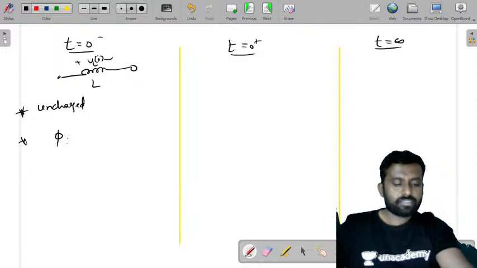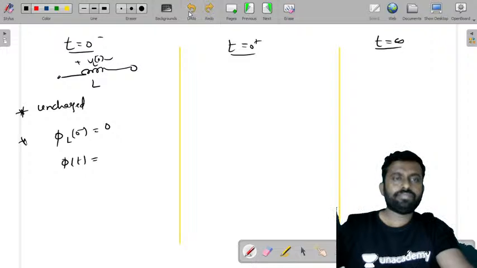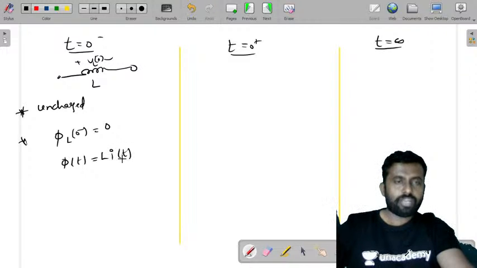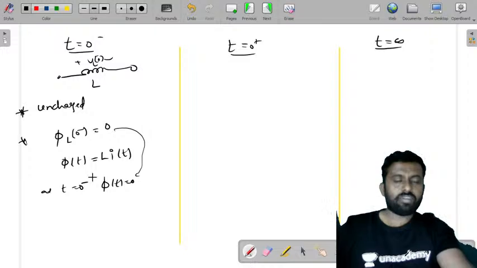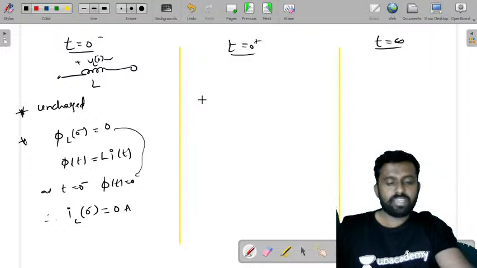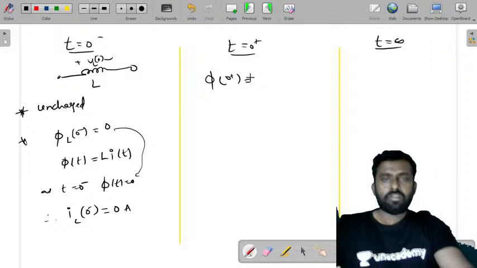So flux at 0 minus is equal to 0. So phi of t is equal to L into I of t, that is at t is equal to 0 minus. So phi is 0, because this is given already. Therefore I of 0 minus, the current through an inductor, is 0. Similarly, the inductor also follows the law of conservation of flux.